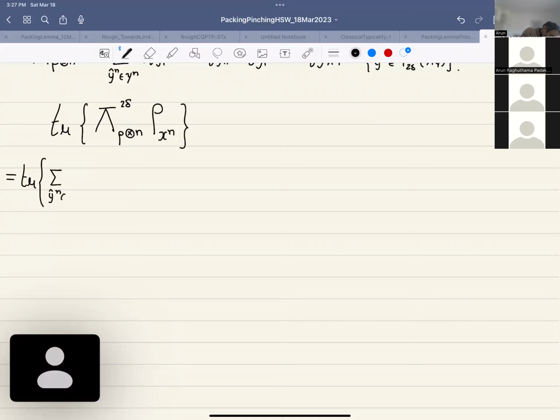Y hat n belongs to T2 delta n, sorry, not Py, Ry. Fy1 tensor all the way until Fyn.